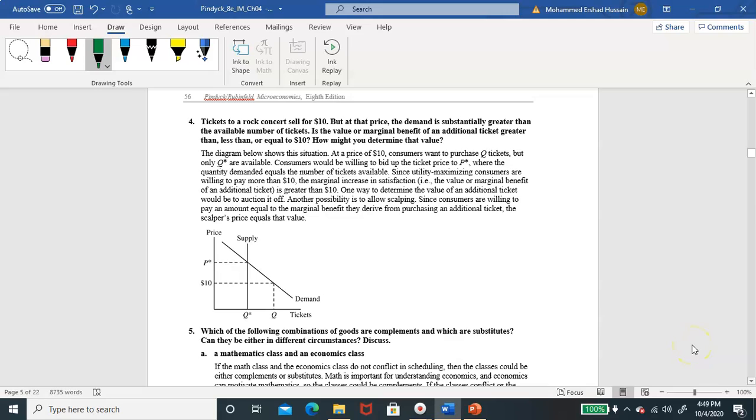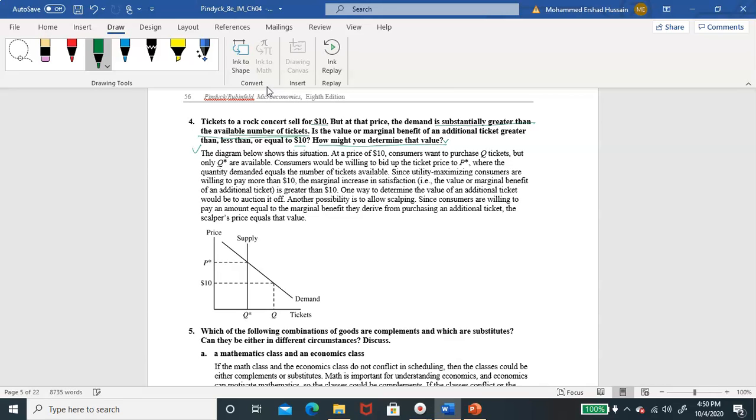Let us take a look at this. Number 4: tickets to a rock concert sell for $10, but at that price the demand is substantially greater than the available number of tickets. Is the value of the marginal benefit of an additional ticket greater than, less than, or equal to 10, and how might you determine the value?